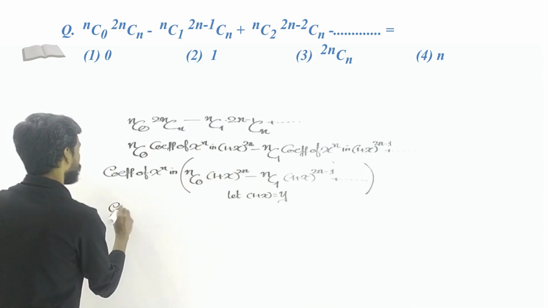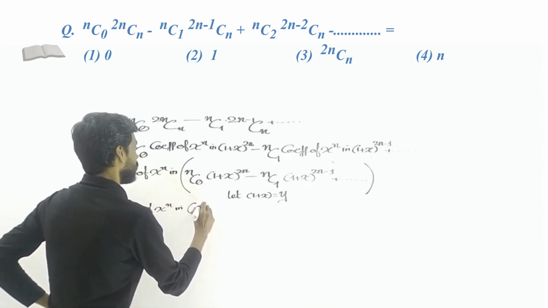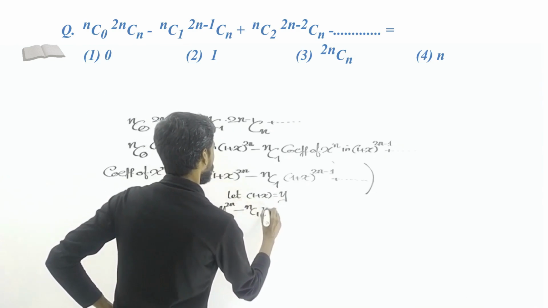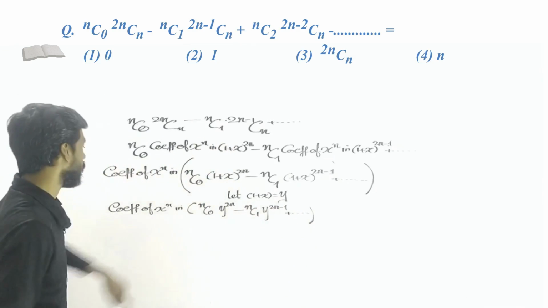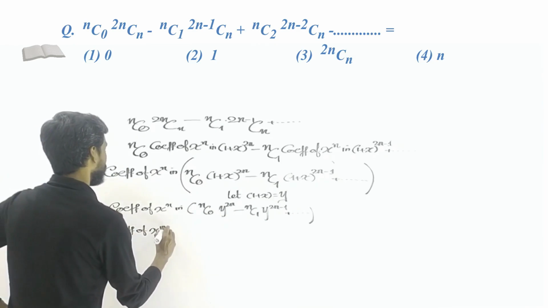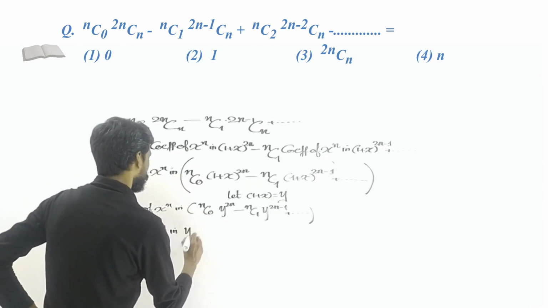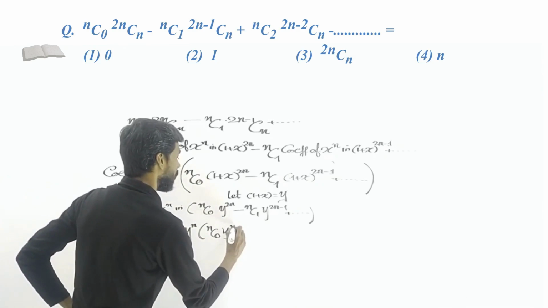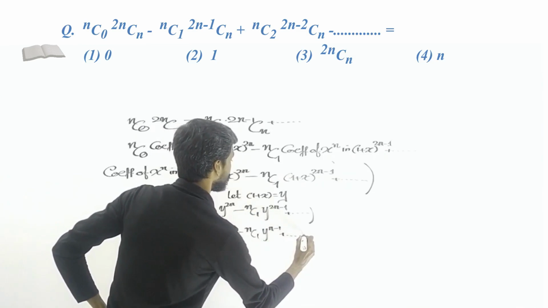So what we need is the coefficient of x to the power n in nC0 y to the power 2n minus nC1 y to the power 2n minus 1 plus etc. Now from each term we can take out a common factor, y to the power n. So we get nC0 y to the power n, minus nC1 y to the power n minus 1, plus etc.